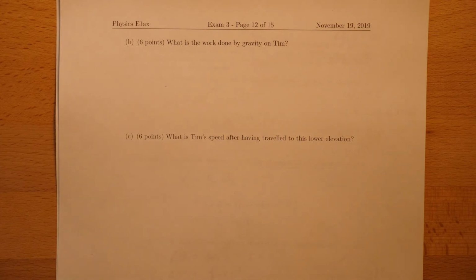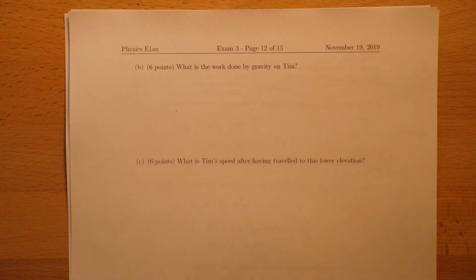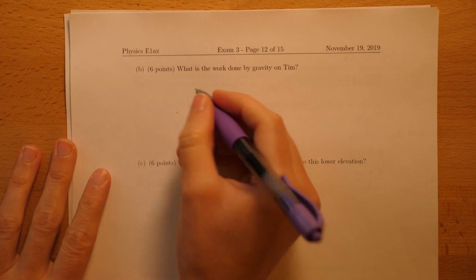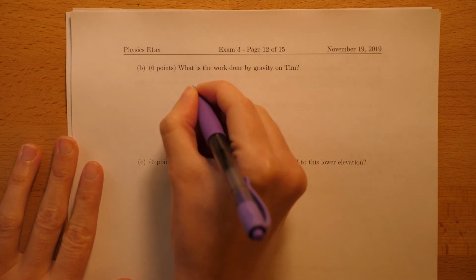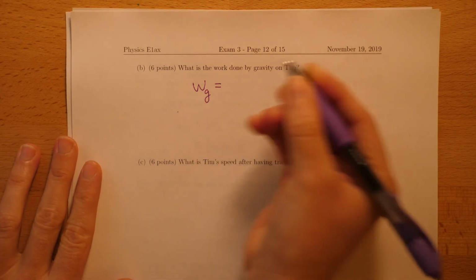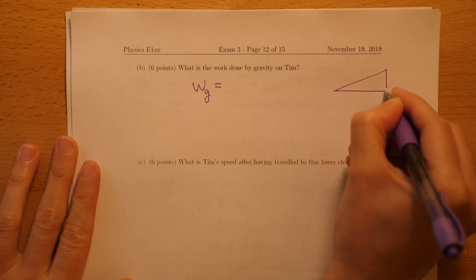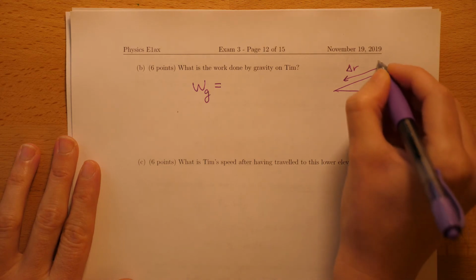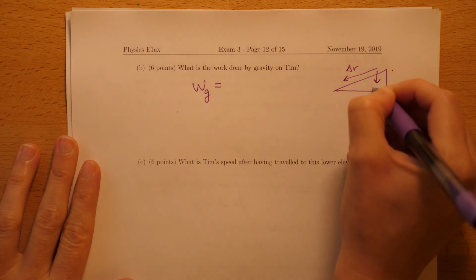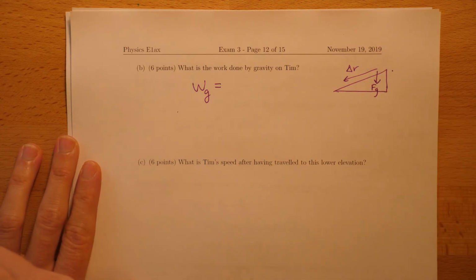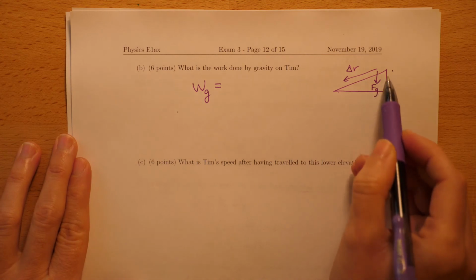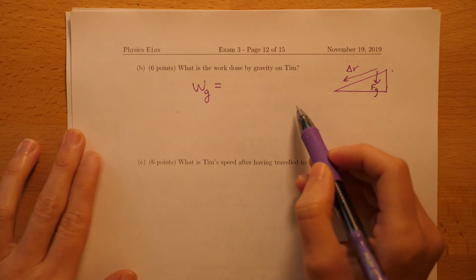Okay, so what else do we need to find out about Tim? Well, we want to know the work done by gravity on Tim. Here's delta R, and the work done by gravity is down. And by now you've probably seen that no matter what path you take, it's only the change in the height that matters for the work done by gravity.